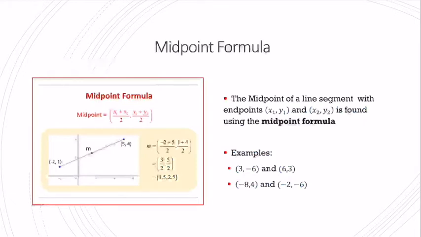The midpoint of a line segment with endpoints x1, y1 and x2, y2 is found using the midpoint formula. For example, I have when x is 3, y is negative 6, and when x is 6, y is negative 3. And I want to find the midpoint between those two.